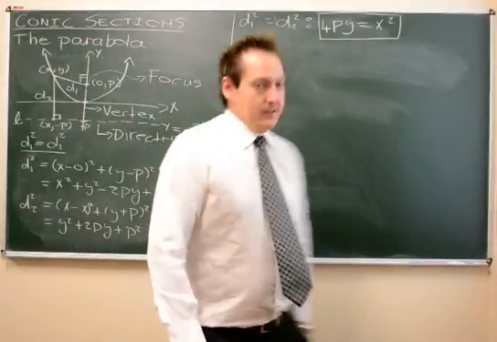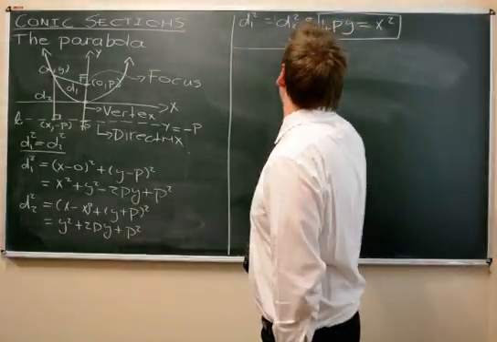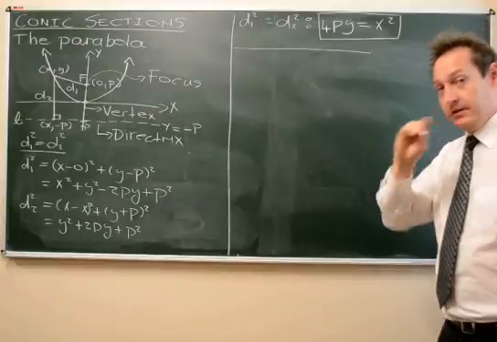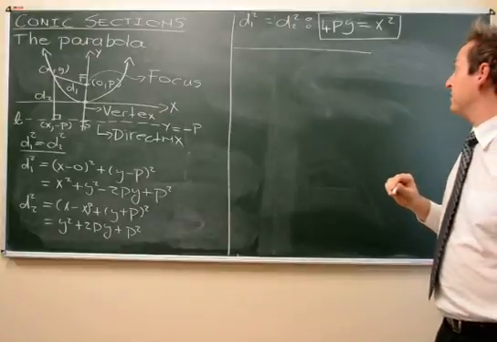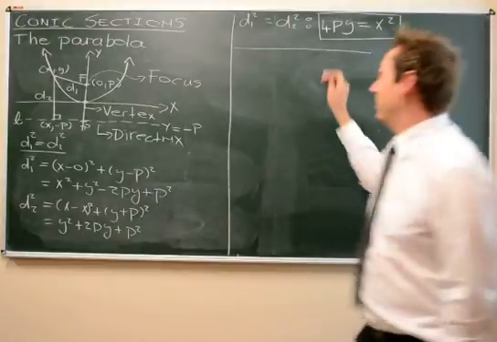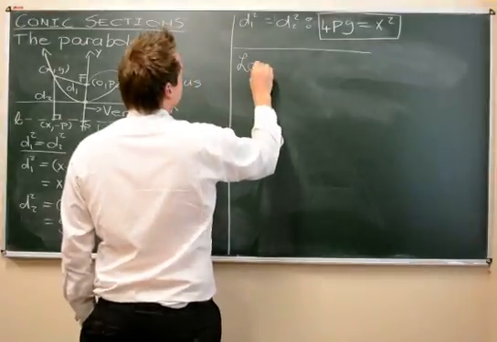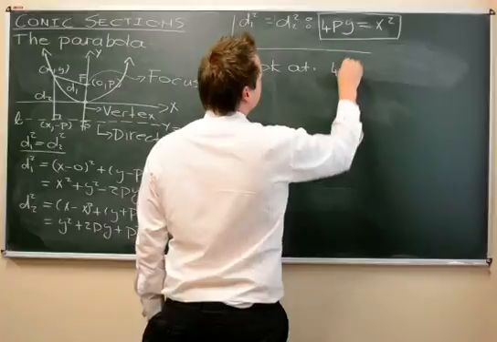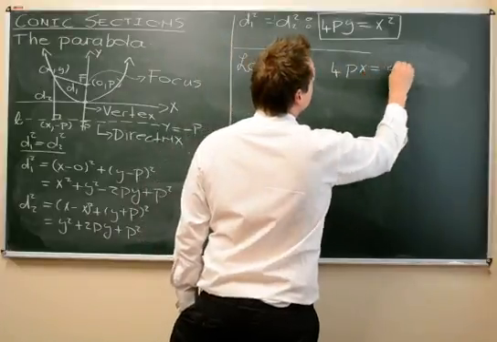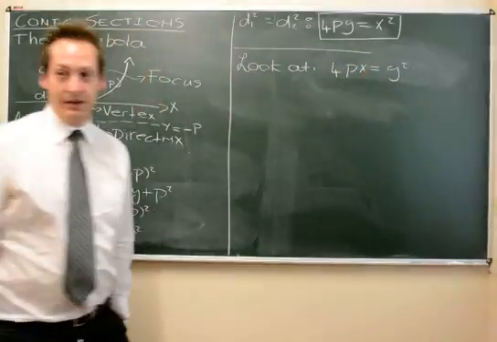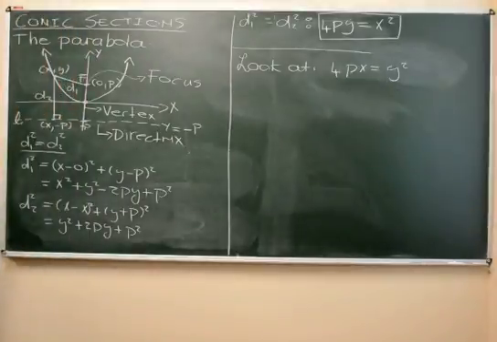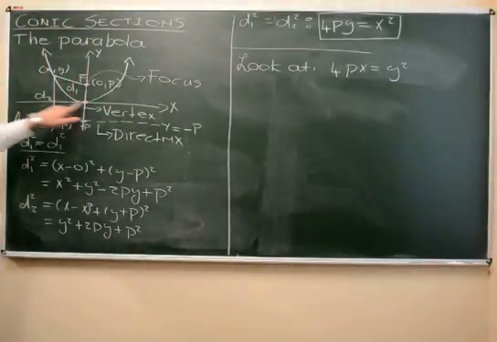Now if we look at this equation for that parabola, and we just switch around the positions of x and y, so we look at 4px equals y squared, then we also get a parabola, only this time its axis will be the x-axis.